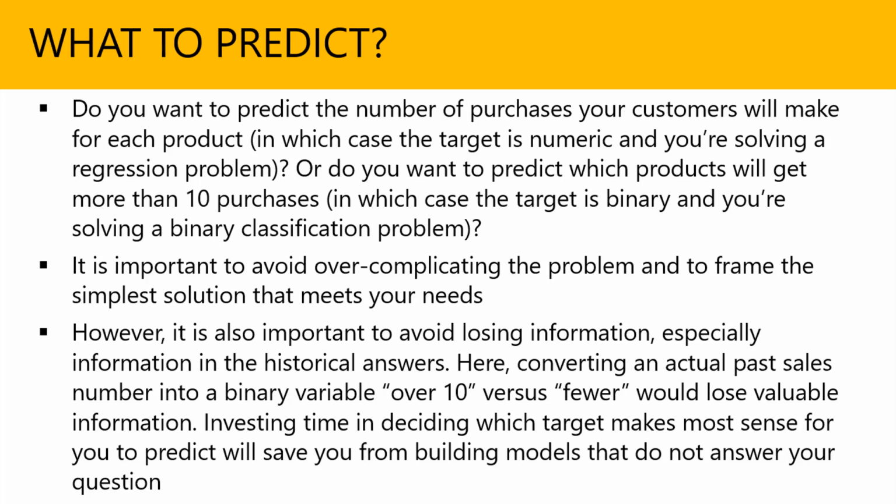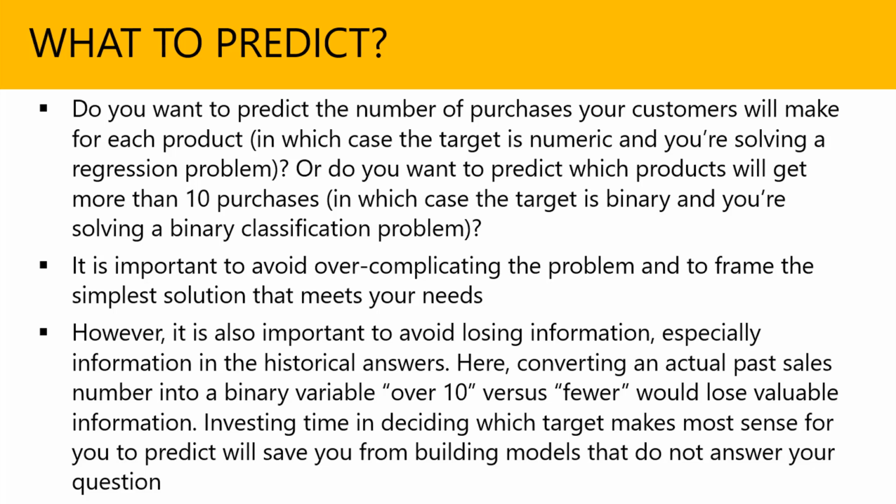How would it lose valuable information? Because you're specifying either you're using a binary, which means over 10 versus fewer, right? So both, again, are different. One is the binary classification, and the other one is not specifying the binary number. In other words, you're not predicting which products will get more than 10. In other words, 10 is a specific number.